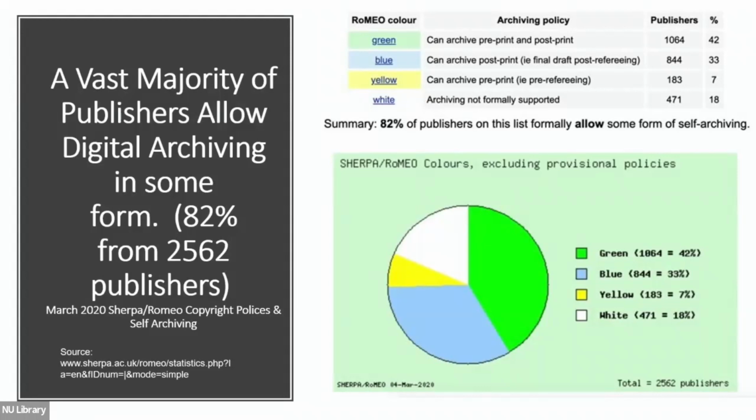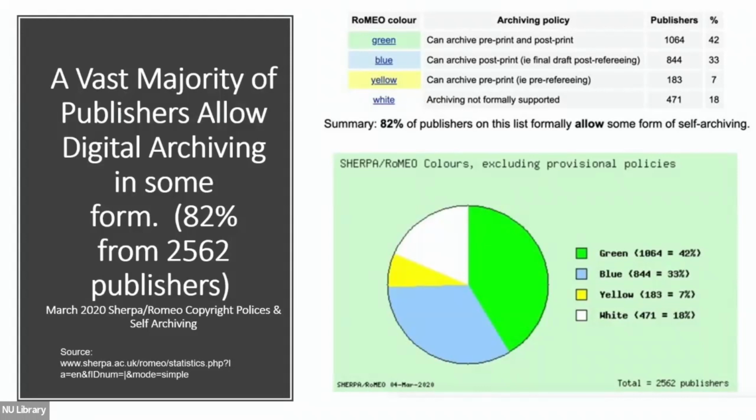This is another view of that in terms of publishers. Publishers are much more open to actually taking preprints of your academics' articles and putting them online. And this is what this is showing.